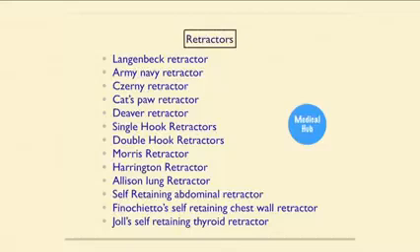So we have Langenbeck Retractor, Army-Navy Retractor, Czerny Retractor, Cat's Paw Retractor, Deaver Retractor, Single Hook Retractors, Double Hook Retractor, Morris Retractor, Harrington Retractor, Allis Lung Retractor, Self-Retaining Abdominal Retractor, Finochietto Self-Retaining Chest Wall Retractor, Joll Self-Retaining Thyroid Retractor.